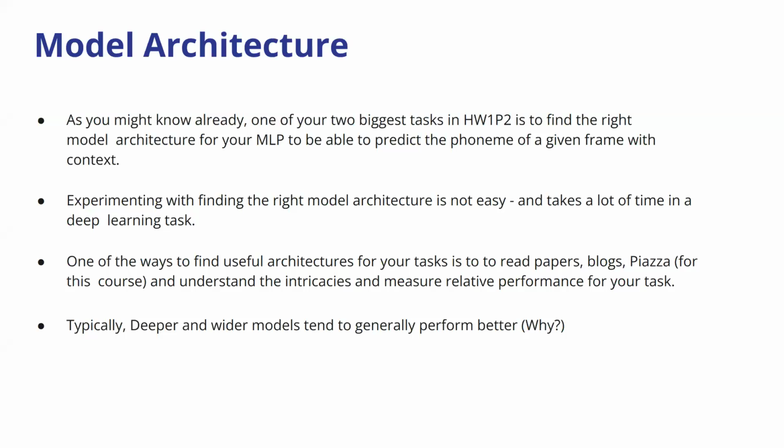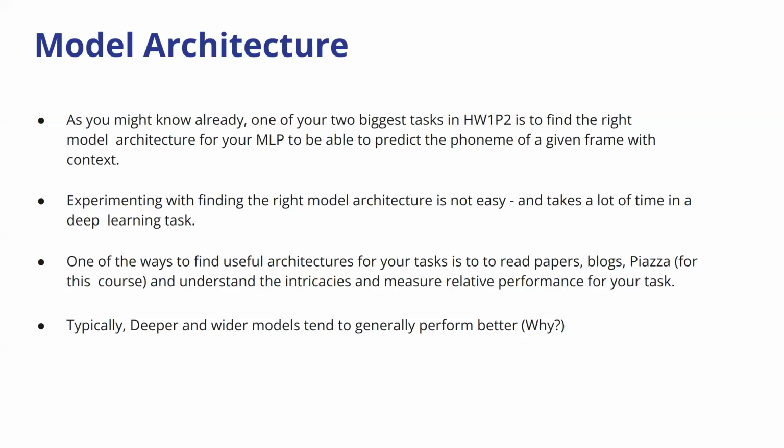As they have already gone through a lot of research and come to a nice architecture, you won't be required to go through all this hard process. But in this homework, you can still do that to find what's best for you, and also what's best in terms of hyperparameters. We talk about hyperparameter tuning after this.